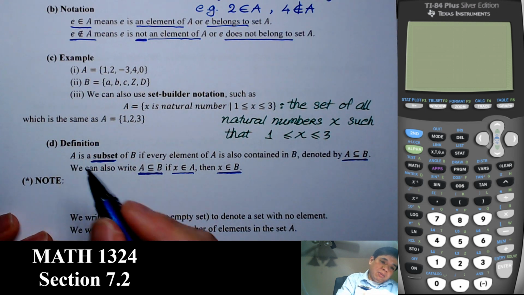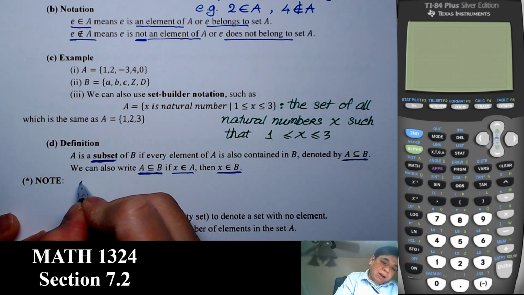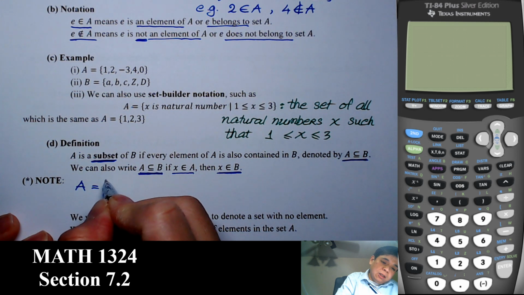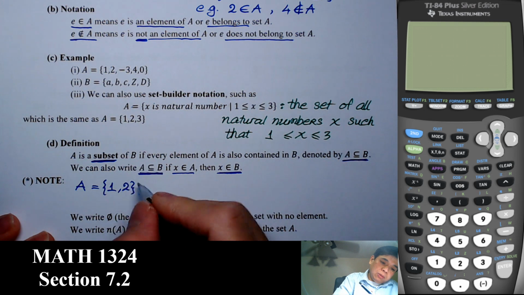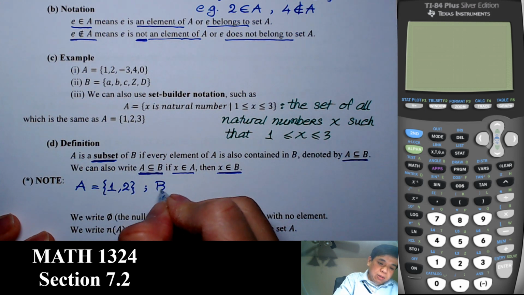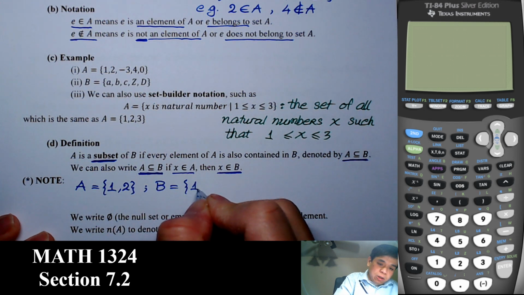So here is an example. Let's say A has 1 and 2, and the set B has 1, 2, and 5.